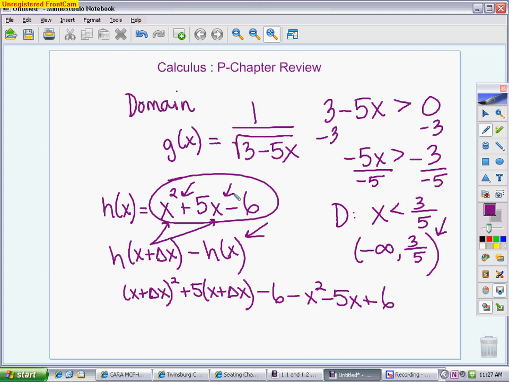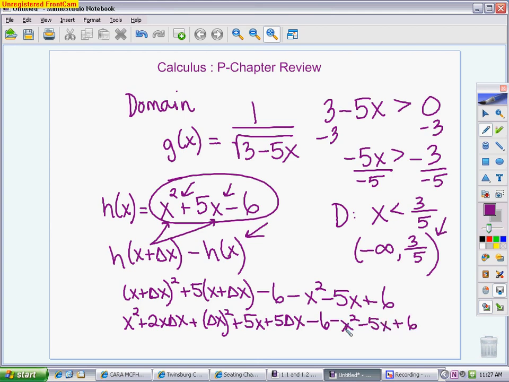Now I'm ready for the actual algebra to begin. I'm going to square out the binomial, x squared plus 2x delta x plus delta x squared. And then I'm going to distribute the 5x plus 5 delta x. Then I'm going to write everything else that's left and step back and look and see what can be combined.